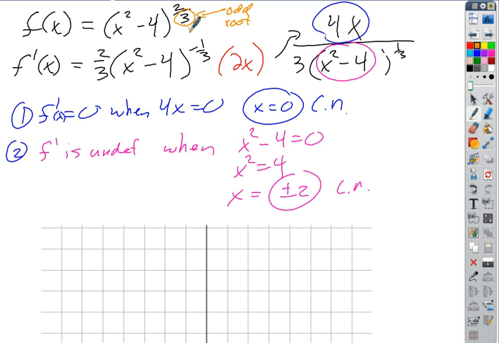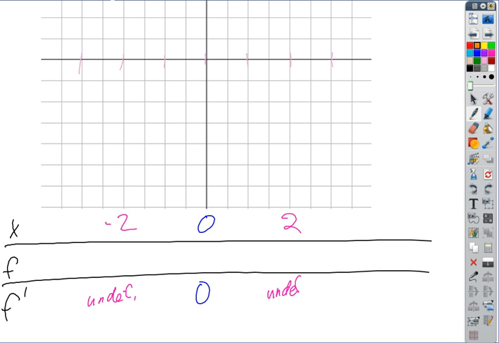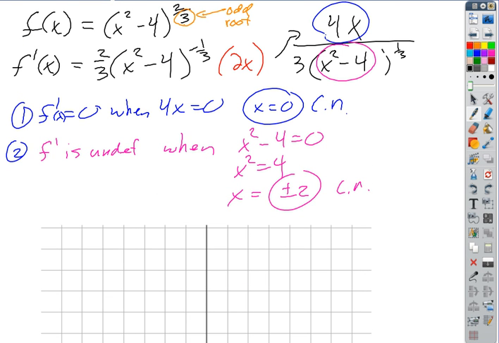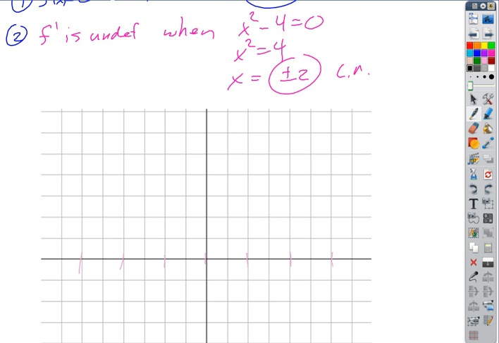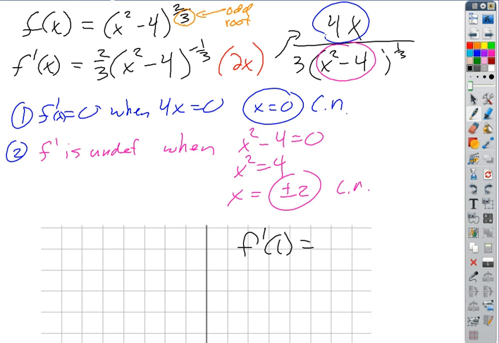Now let's analyze the behavior of the first derivative at some test points. How about at 1, negative 1, 3, and negative 3? At 1, f prime of 1 equals, what's that going to look like? The top is positive.